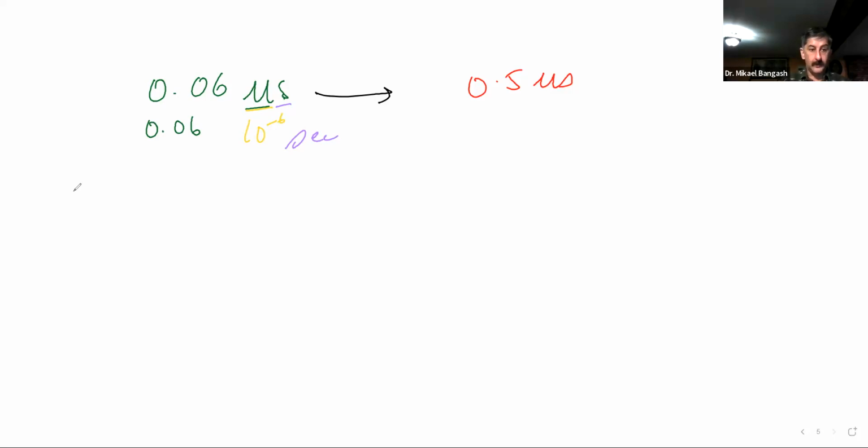It could also be written as a pure decimal number. You can say this is 1 second, and then you take 6 zeros from here, and then 6, and then it's just seconds.